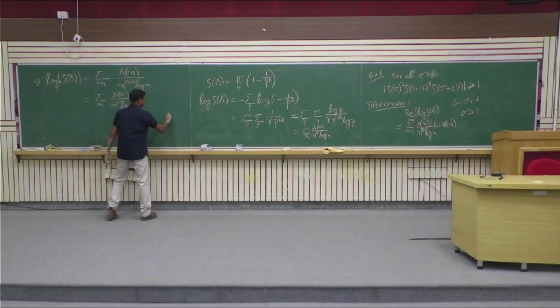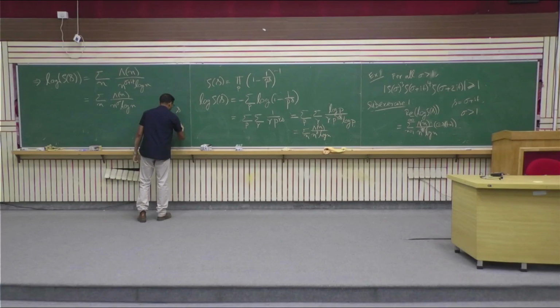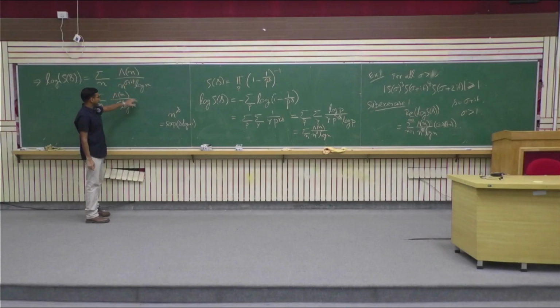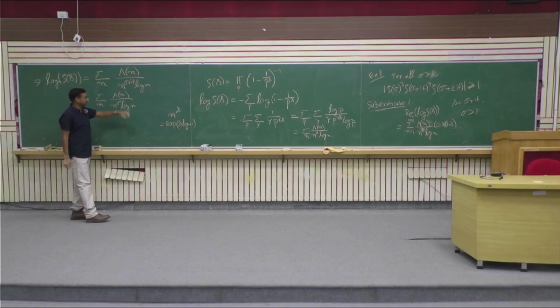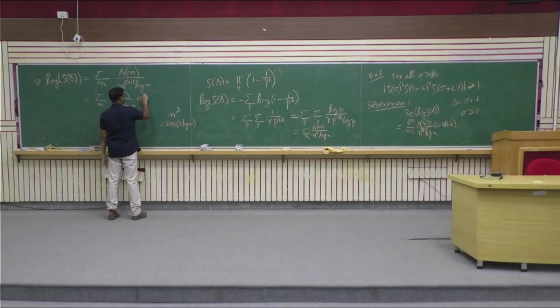Now we defined n power s as the exponential of s log n. So this n power it, if we take it to the right hand side, will be n power minus it, that would be just e power minus it log n.